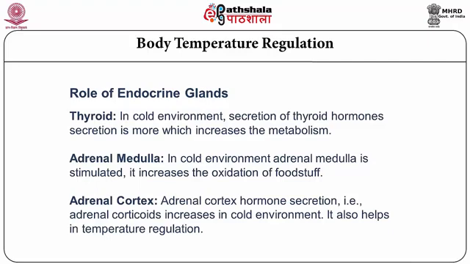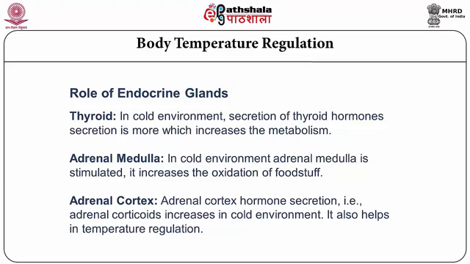Apart from the hypothalamic role, there are many glands like the thyroid, adrenal medulla, and adrenal cortex. Each of them has a role to secrete certain hormones which also help in body temperature regulation. In a cold environment, thyroid hormones get secreted, which stimulates an increase of the body metabolism.